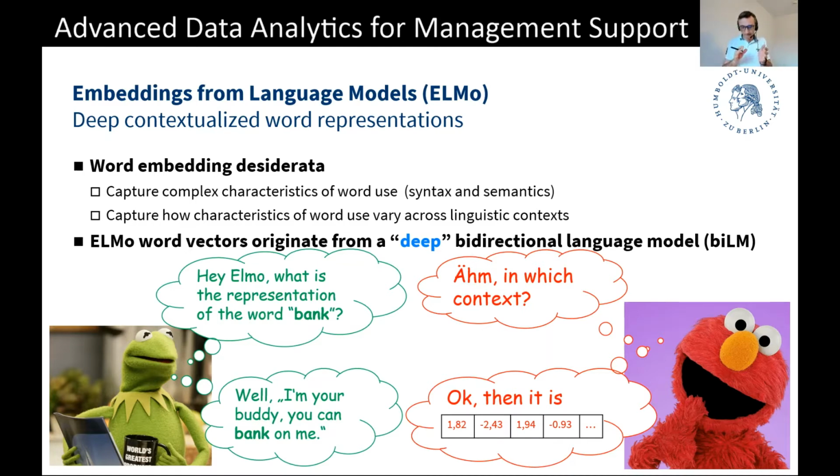So what I'm trying to say here is that ELMo would maybe not really understand the difference between the financial institution bank and the thing you sit on, or here, you can bang on me.